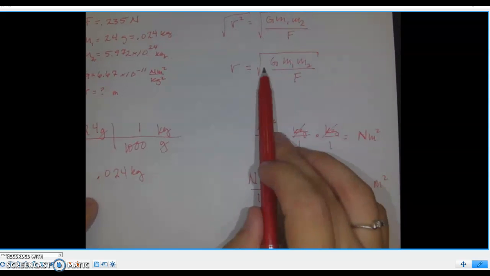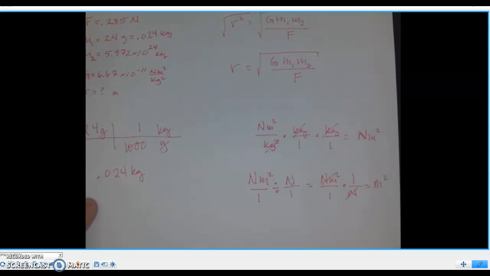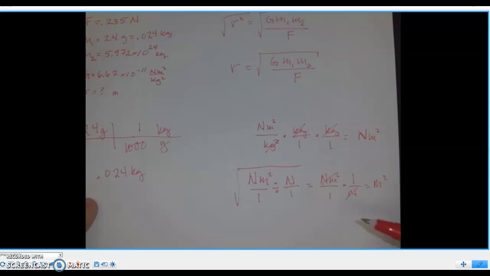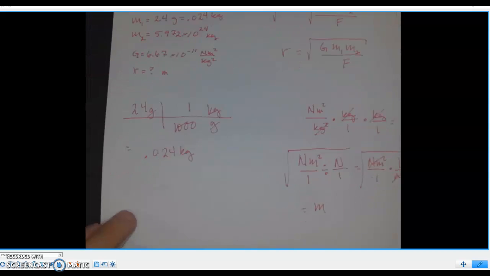But this was all inside the radical, right? Every single bit of this. And so that cancels the squared, essentially. So we end with meters, and that's what we were hoping to get. So we rearranged this correctly.